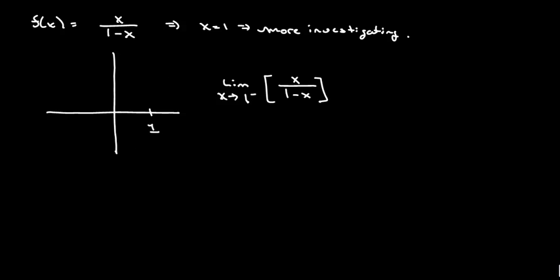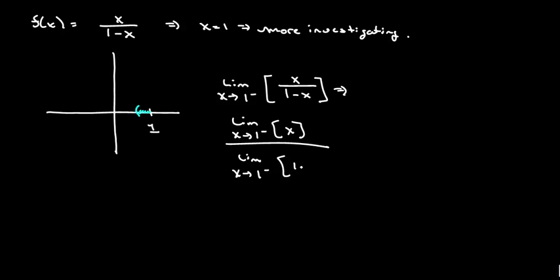And so what happens is, as I start plugging in numbers that are just a little bit on this side right here, the numerator approaches a single number. So if I were to split this, this would be the limit as x approaches 1 from the left of x, over the limit as x approaches 1 from the left of 1 minus x.